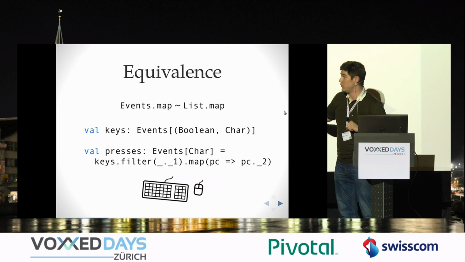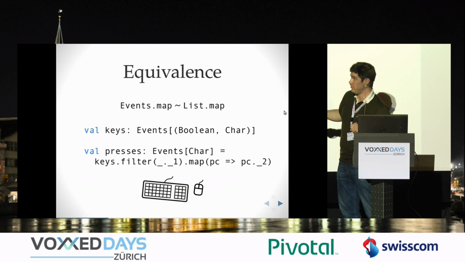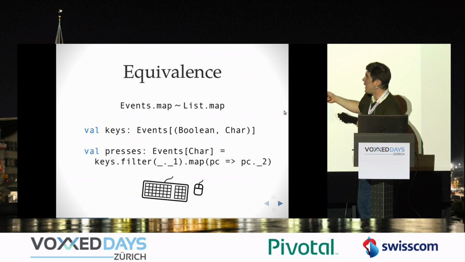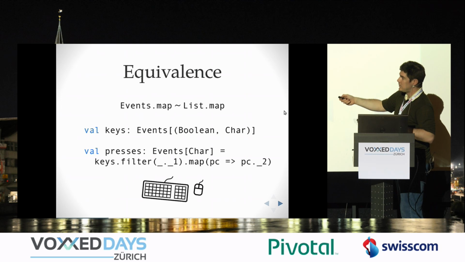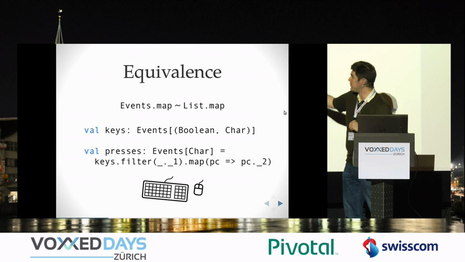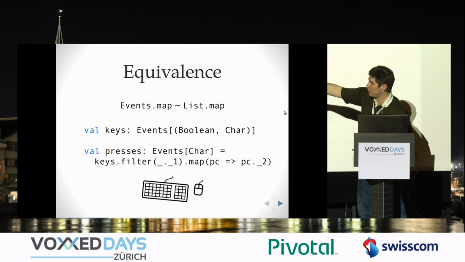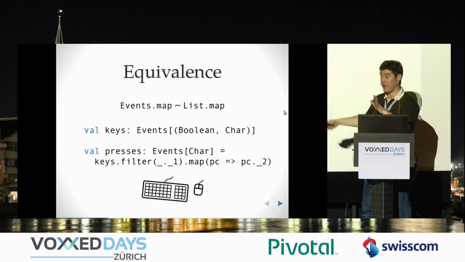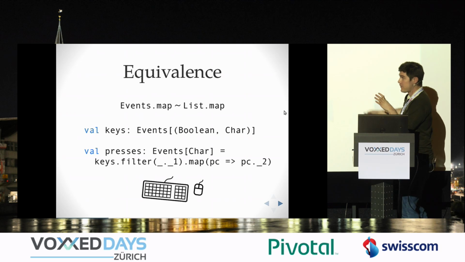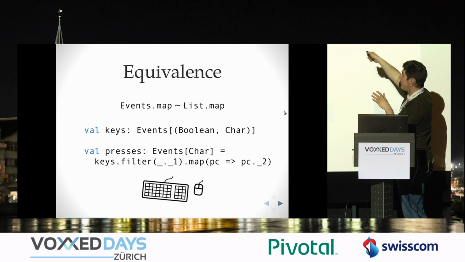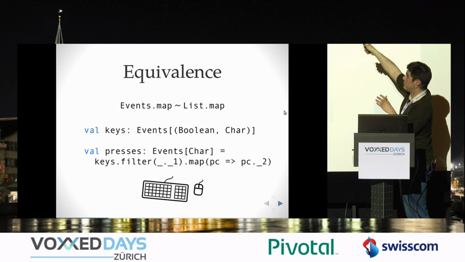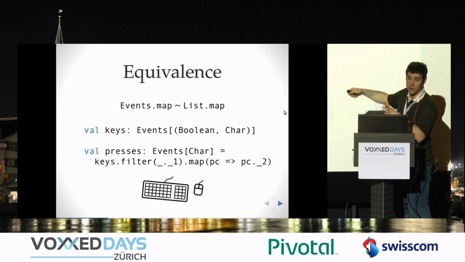If I want to define a new event stream called presses, then I filter the keys which I pressed, that is, those for which the first element of the tuple evaluates to true. Then I call map to just take the second element of the tuple. And what I get back is an event stream of characters.